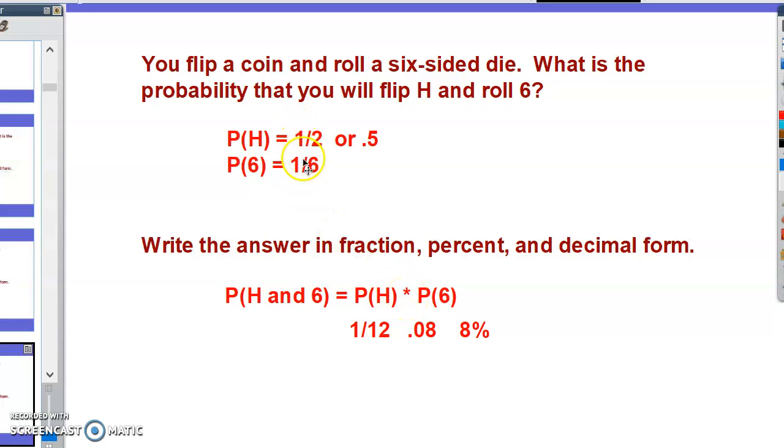I'm going to have 1/2 times 1/6. That's going to give me 1/12. I can convert that to a decimal, which is 0.08, and I can change that to a percent. So I have it in fraction form, percent form, and decimal form, all three forms. But notice when it said and, I multiply.